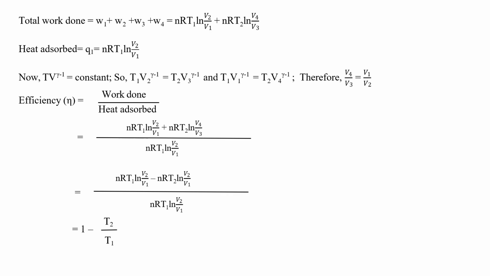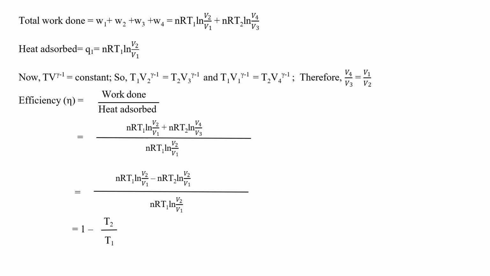Now the efficiency of the Carnot engine is equal to the work done by this heat engine divided by the heat absorbed. The work done is nRT1 ln V2 by V1 plus nRT2 ln V4 by V3, as we discussed above, and the heat absorbed is nRT1 ln V2 by V1.